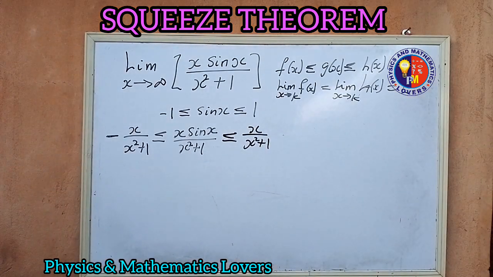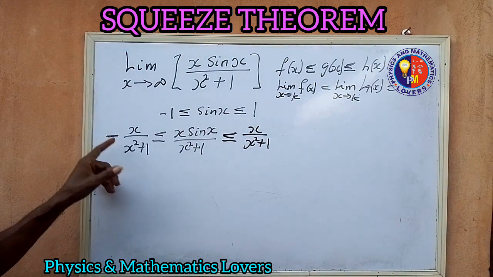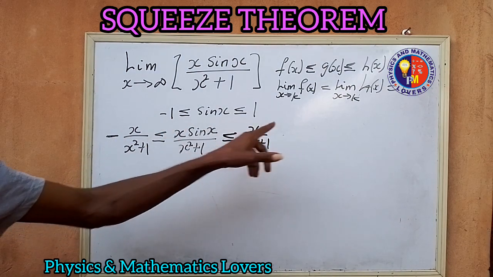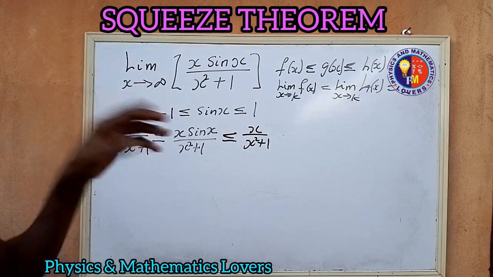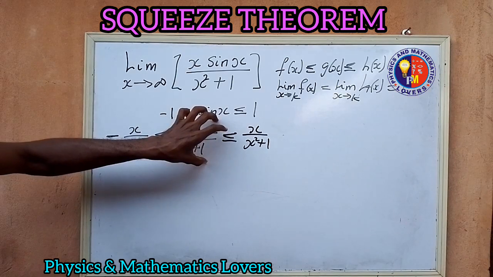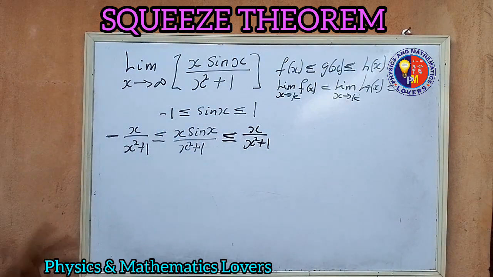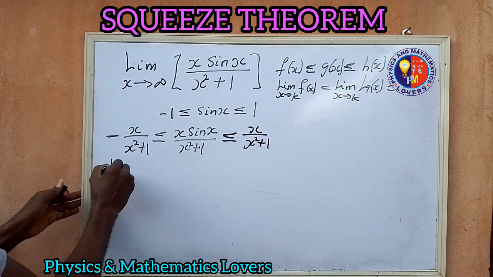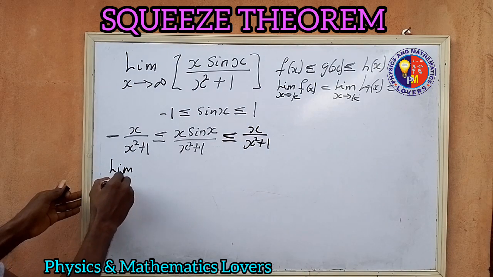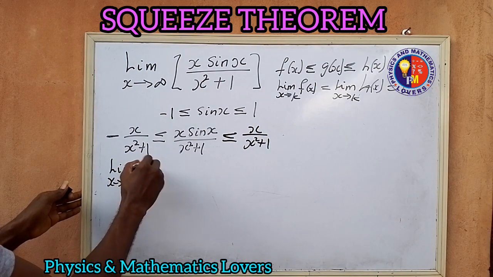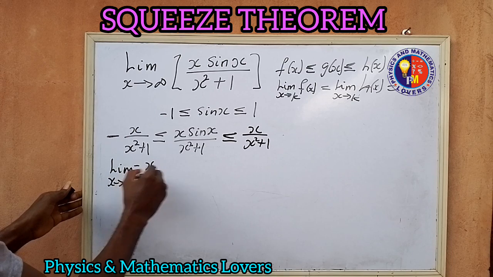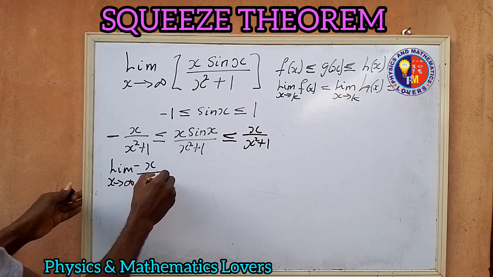At this point, find the limit of this. If the limits of the left and right sides are equal, the middle has the same limit. So let us find the limit as x tends to infinity of minus x over x squared plus 1.